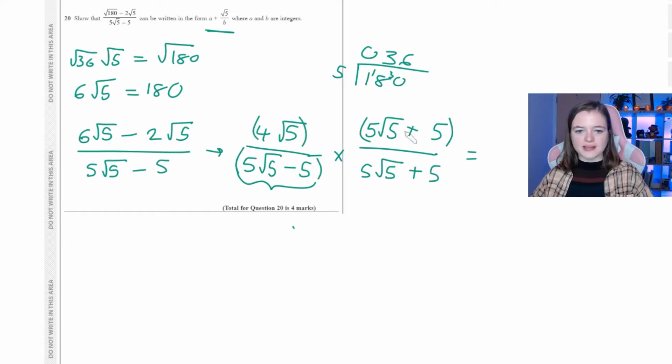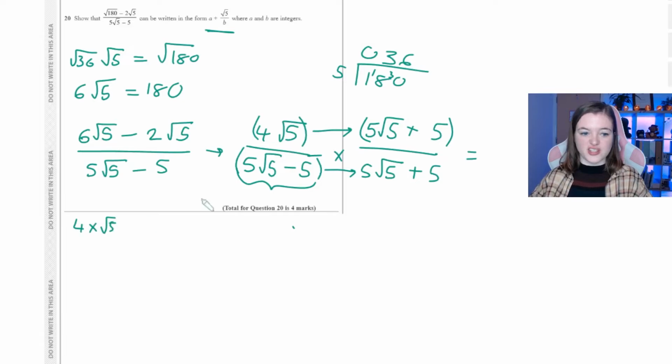I'm going to expand these brackets, times top by the top, bottom by the bottom. So we're going to have 4 root 5 times 5 root 5 first off. For that, I'm going to do 4 times root 5 times 5 times root 5. Number goes with number, makes 20.